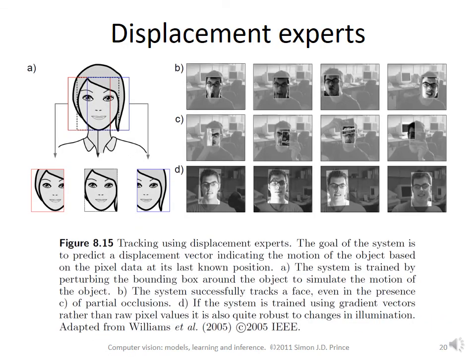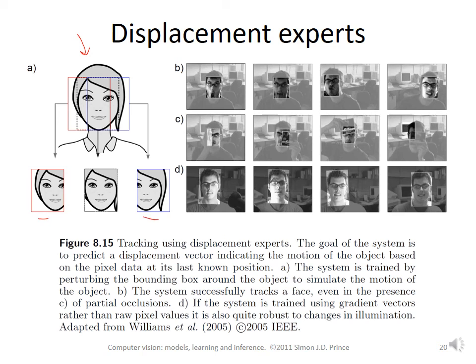Another nice example of using relevance vector regression is for tracking. So we might start off with an initial frame where we see a person's face in its entirety. But we could very quickly, behind the scenes, train a relevance vector regressor by simulating a shift of the face relative to the camera, either to the left or the right.